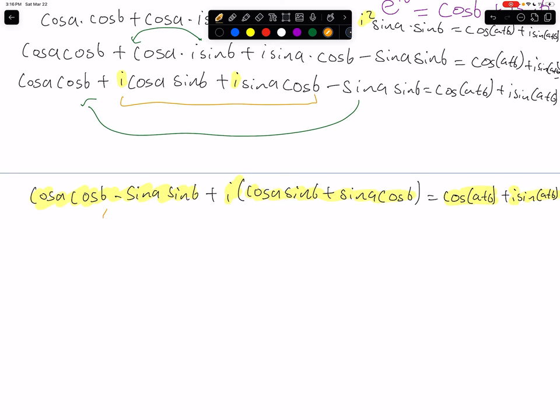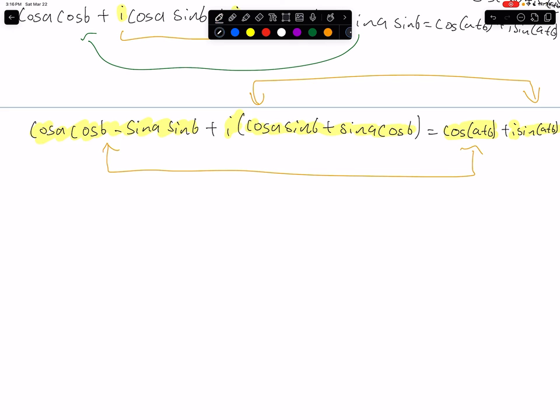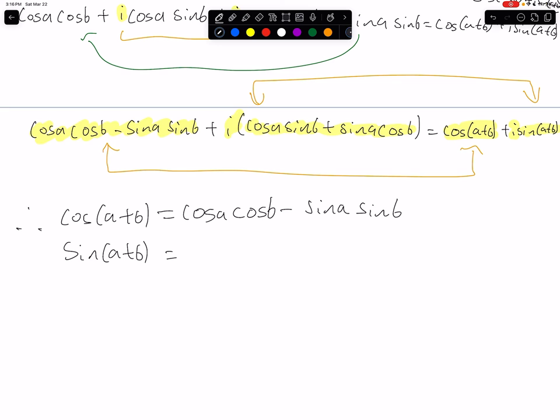This would go with this, and we see an i here, and so then this would go with this. So then we can say, therefore, cosine of A plus B equals cosine A cosine B minus sine A sine B. And then sine of A plus B equals cosine A sine B plus sine A cosine B.